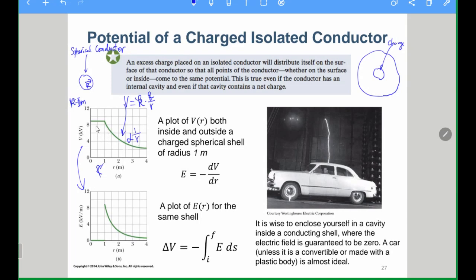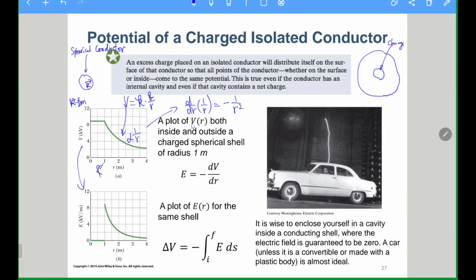And if you go from here to here, you take the derivative of V with a minus sign. Inside, V is a constant, so the derivative is 0. Outside, the derivative of 1 over R, which is R to the negative 1 power, is negative 1 times 1 over R squared.